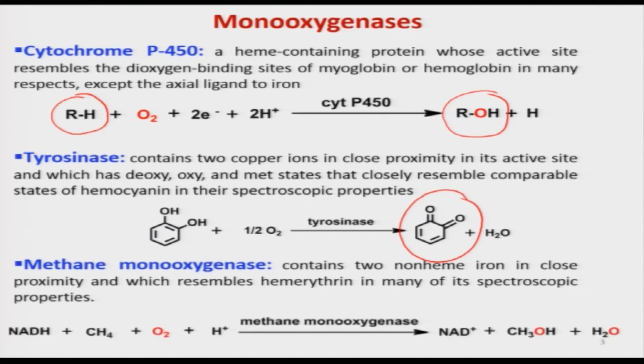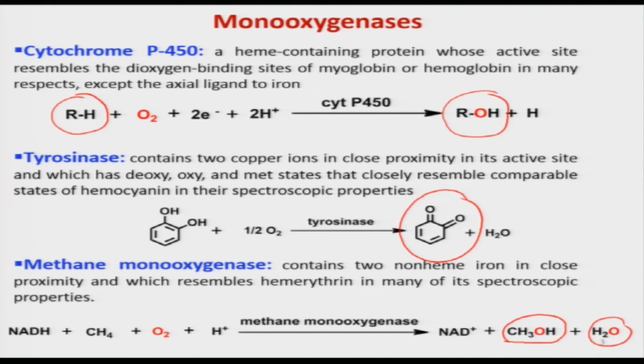The typical reaction that methane monooxygenase does is NADH plus methane plus dioxygen with the help of proton gives NAD plus, methanol and water. So, methane converts to methanol, that is why it is called methane monooxygenase.